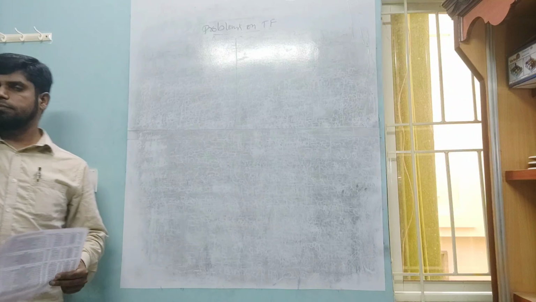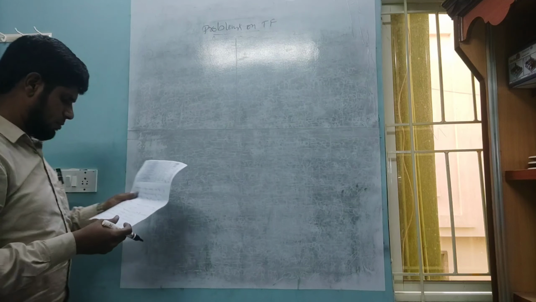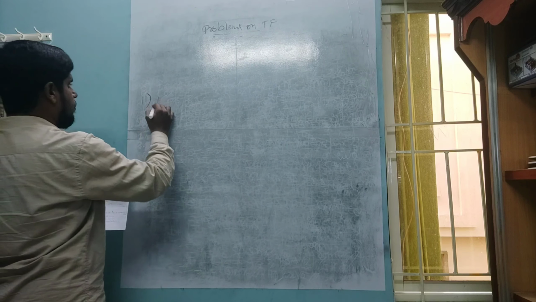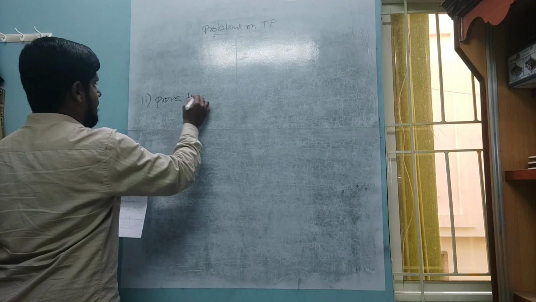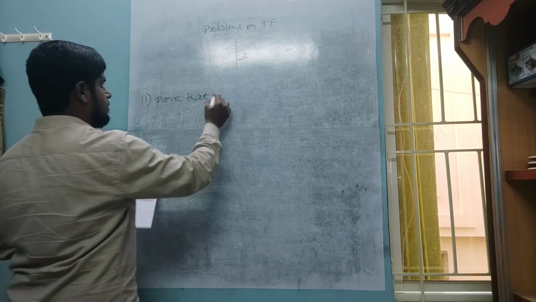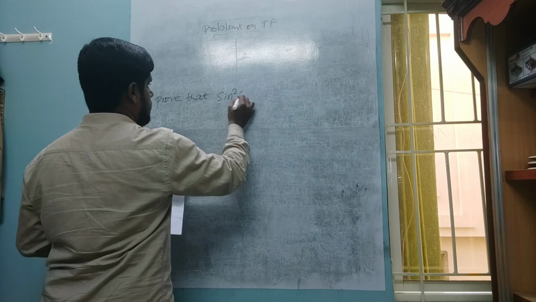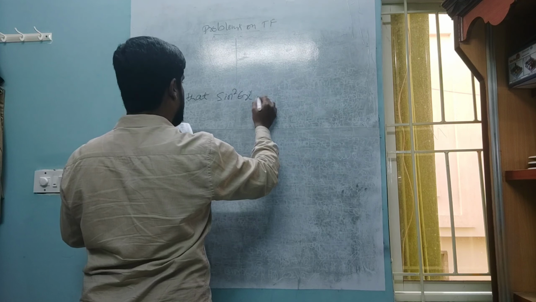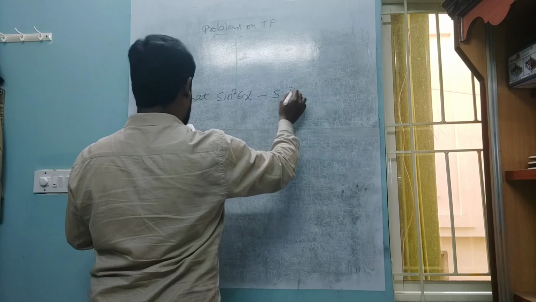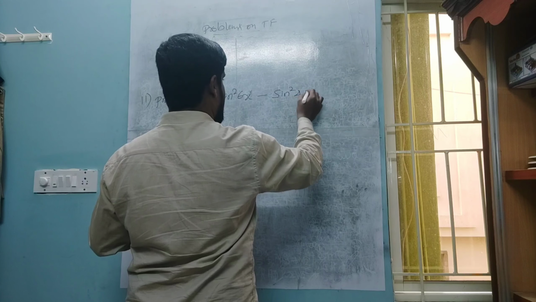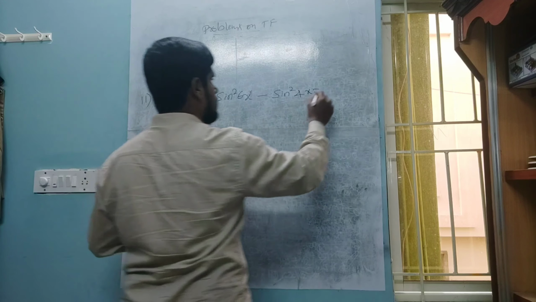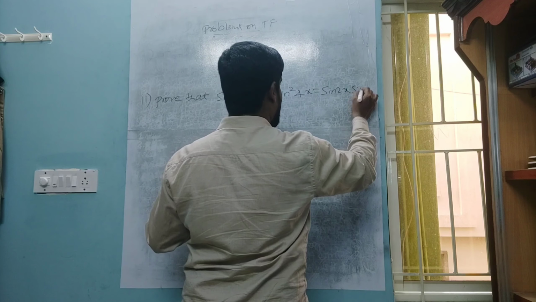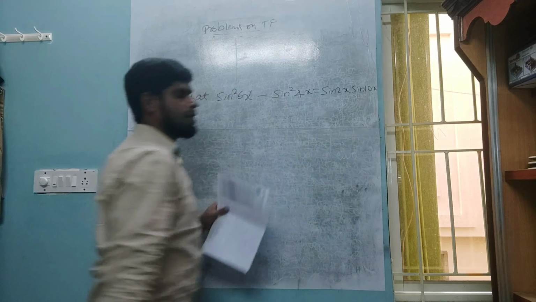The next problem. Next problem is prove that sin square 6x minus sin square 4x is equal to sin 2x into sin 10x.